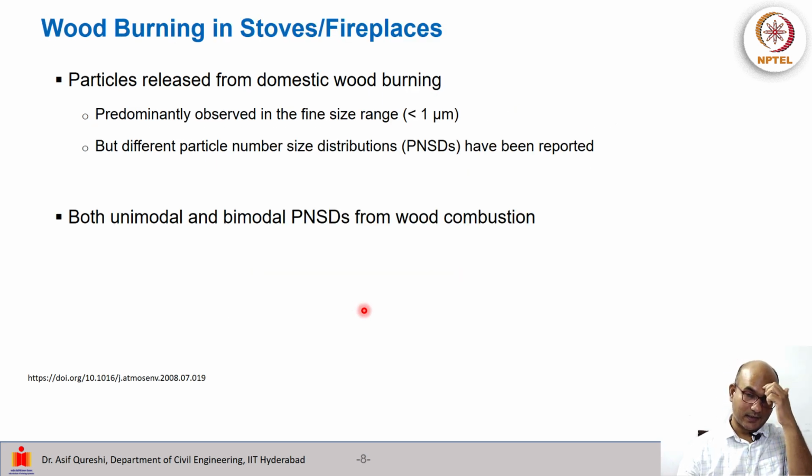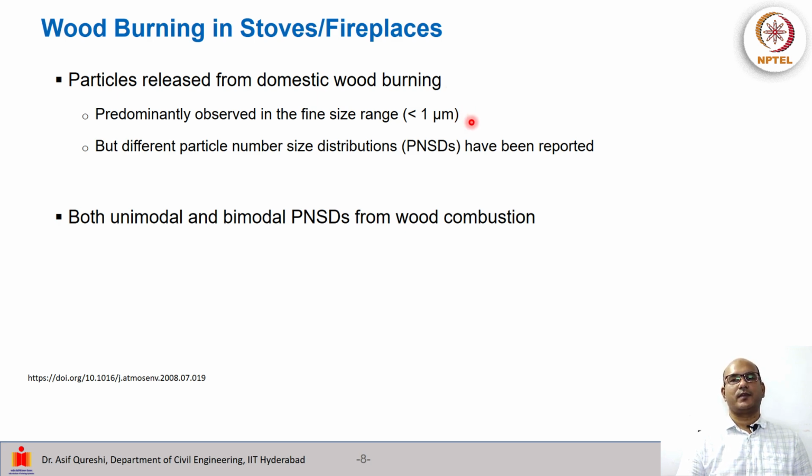Then in the next source we are going to look at wood burning, and this is done in stoves and fireplaces. And it has been found that when the particles are released from domestic wood burning, the particles are predominantly in the fine size range, which is less than 1 micrometer.